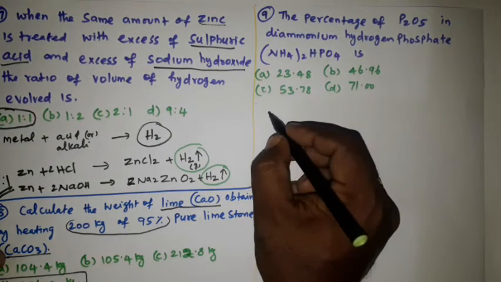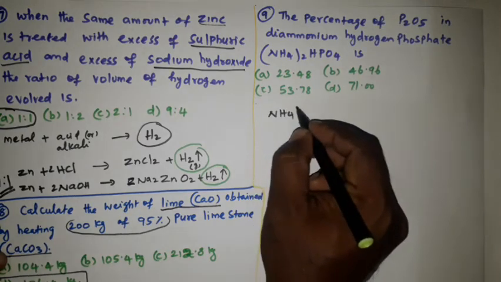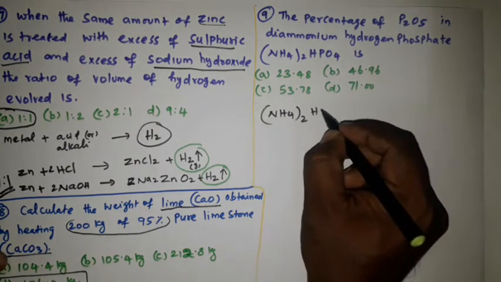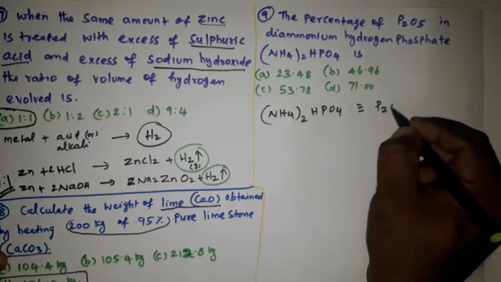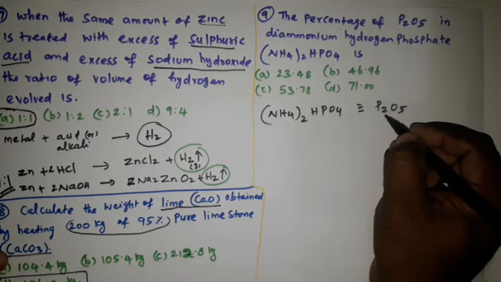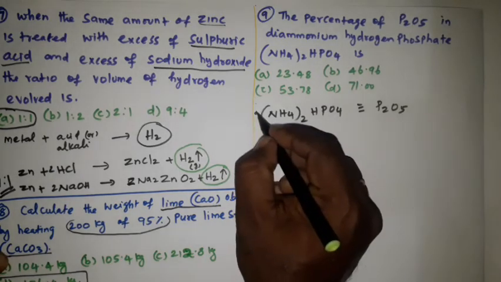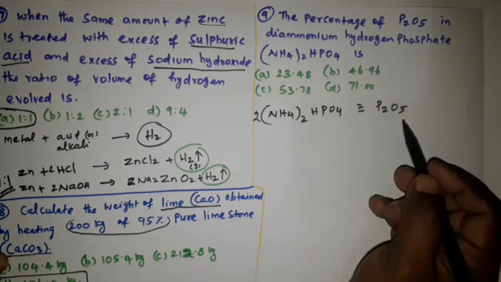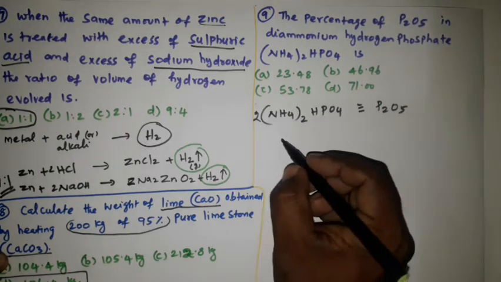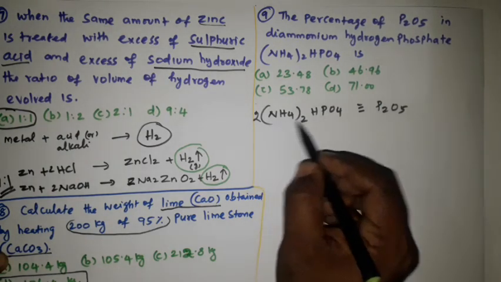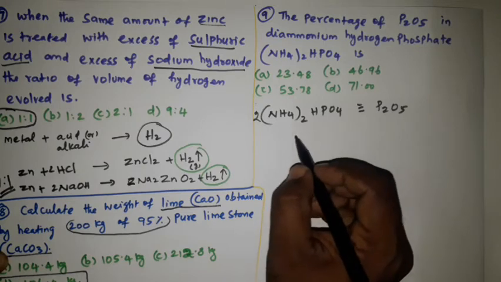Write the formula (NH4)2HPO4. It contains P2O5. See here 2 phosphorus is there, so put 2 here. So you will get 2 phosphorus, right? Now calculate the molar mass of this diammonium hydrogen phosphate.